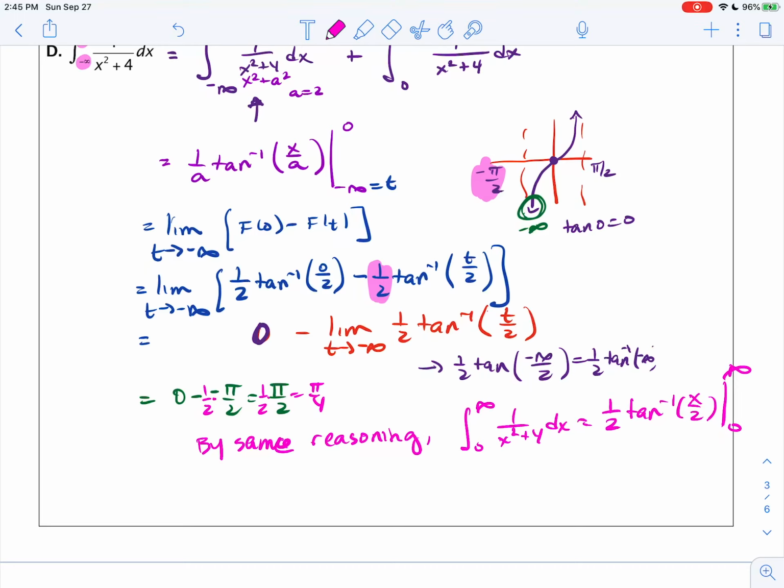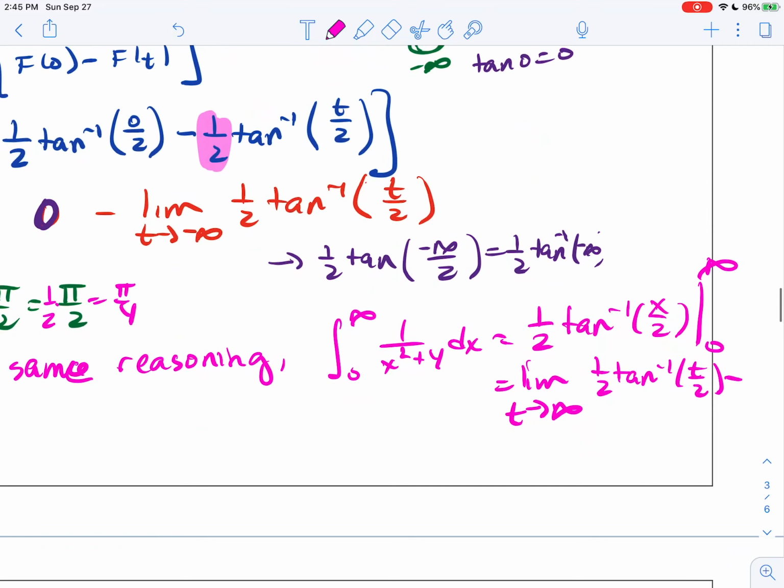And this is going to equal the limit as t goes to infinity of 1/2 inverse tangent of t over 2, take away inverse tangent of 0.